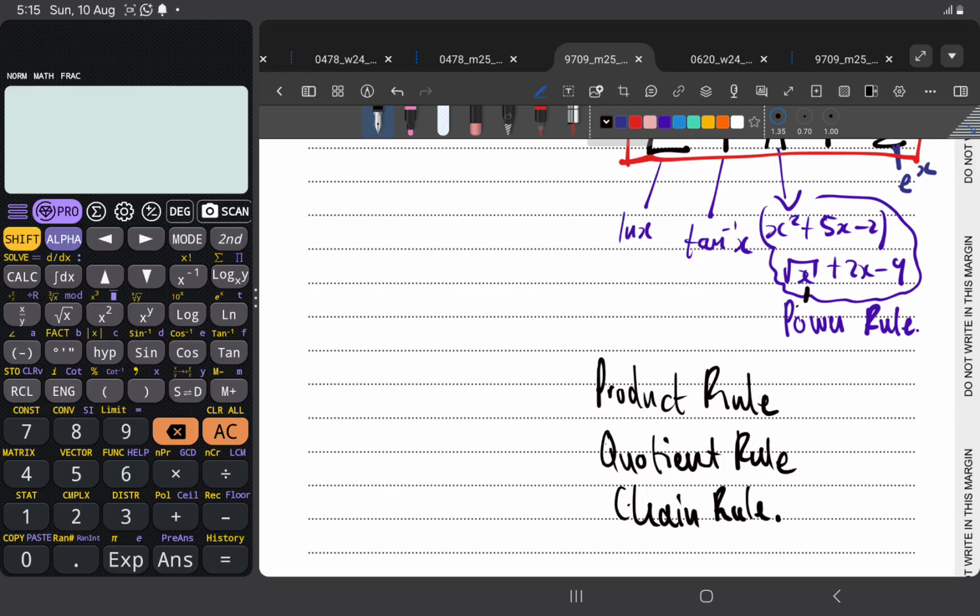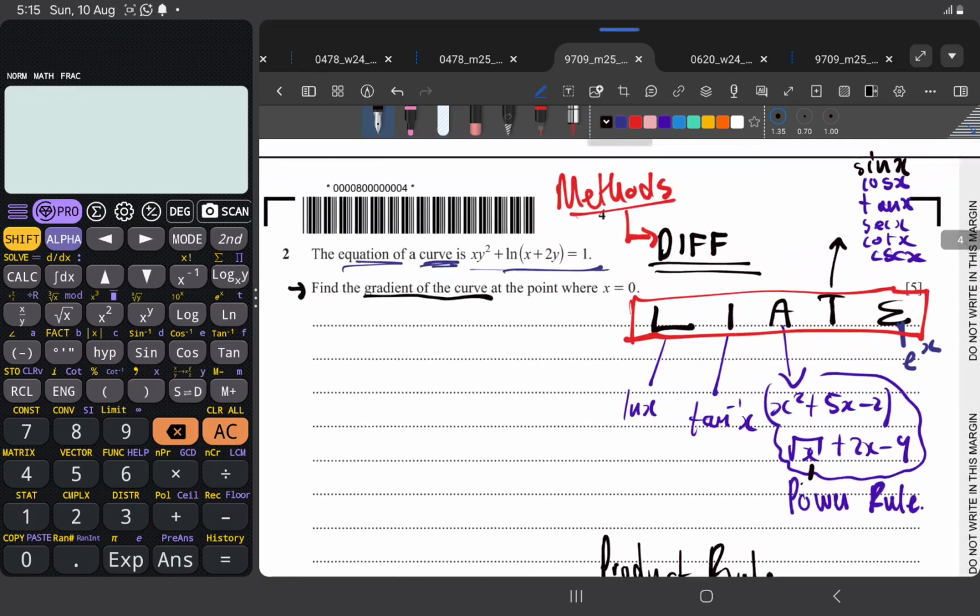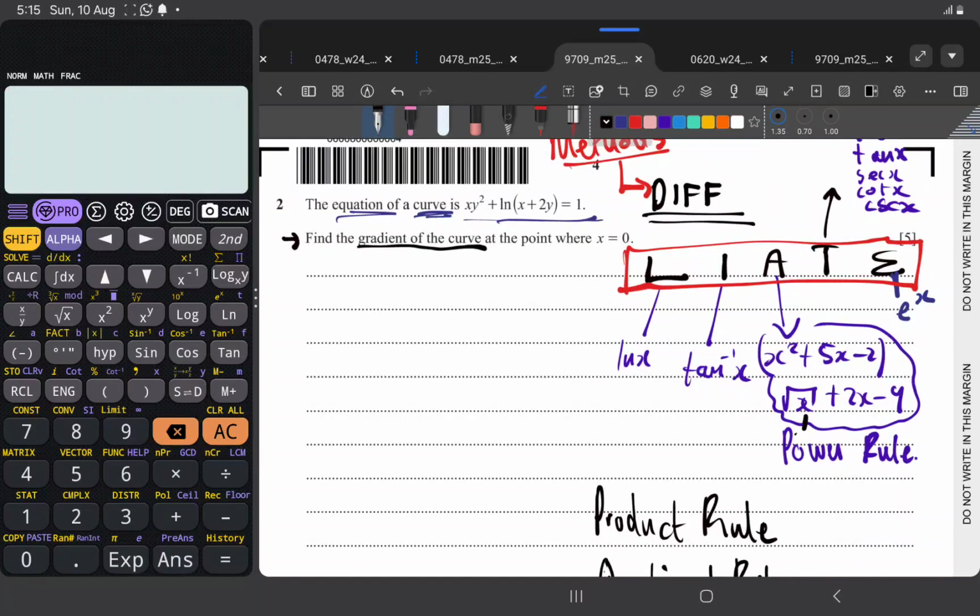What are the rules for? The rules are for when you are now going to be combining these functions in LIAE. For example, if I take 2 different functions in LIAE and I multiply them, then to differentiate that thing, I use the product rule. So the product rule is now telling me how to differentiate combinations.